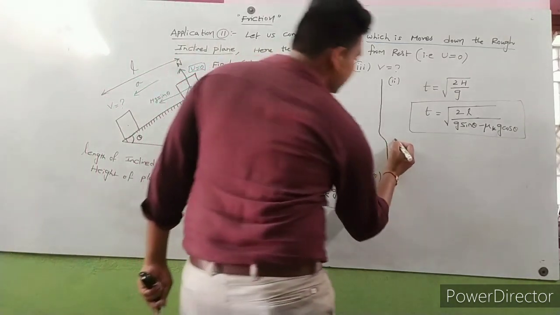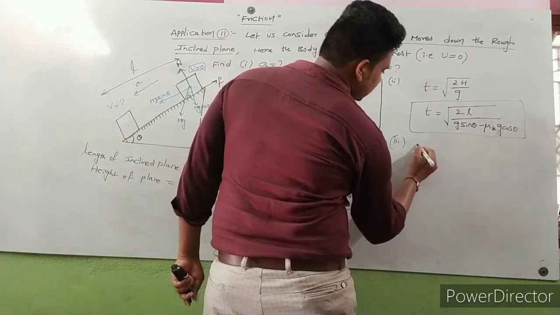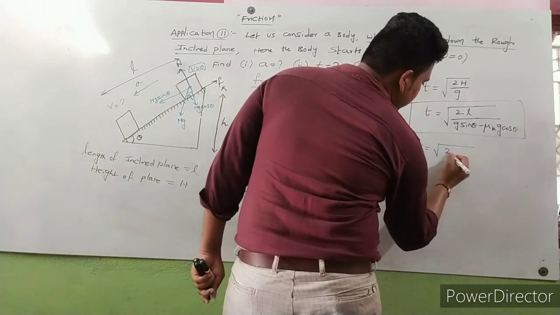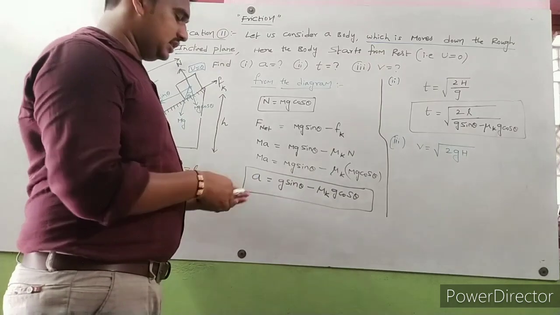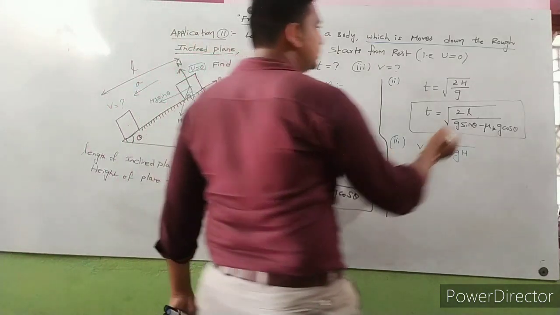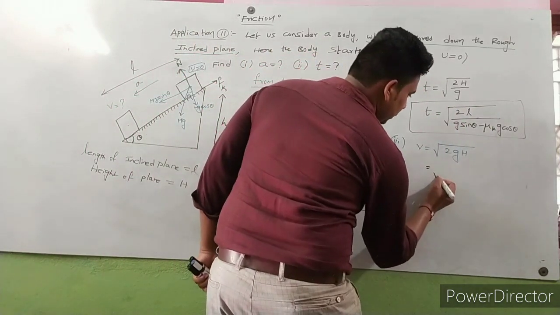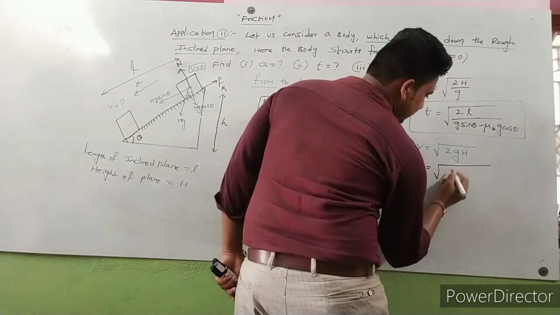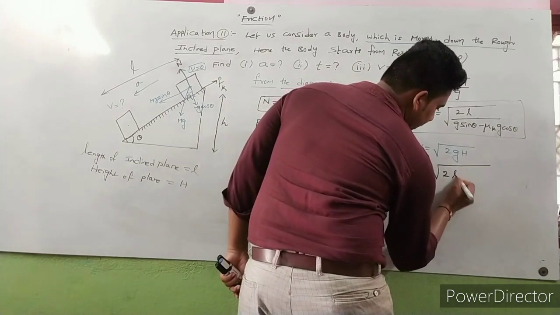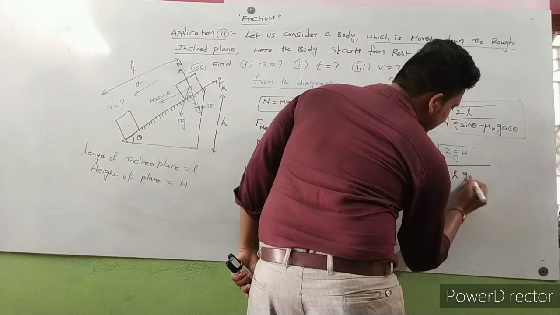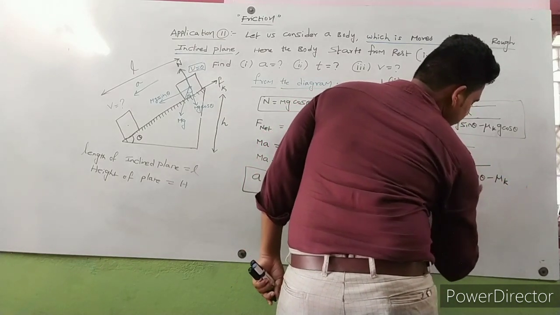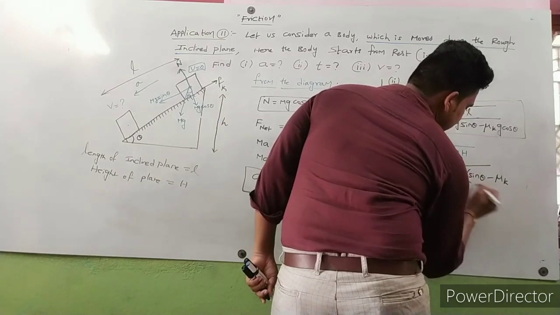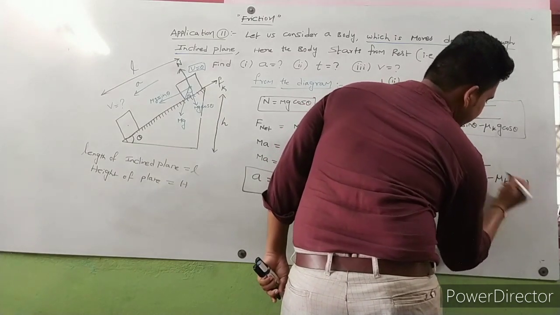Next, v is equal to square root of 2gh. From this, h means L. So v is equal to square root of 2 into L into (g sin theta minus mu k g cos theta).